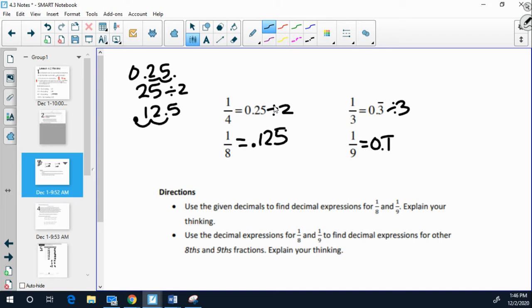Seeing that if it starts out as a repeating decimal, like over here, it stayed a repeating decimal when we took 1/3 of it. And I want to show you now a pattern, and I asked you about this on the last Ed Puzzle that you had on fractions. We're going to extend this pattern that we found in the ninths and continue that.